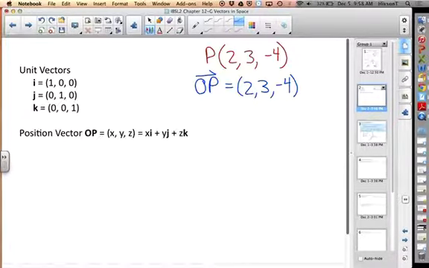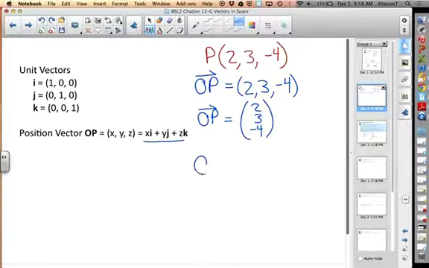Now, this can also be written, remember our differences in notation, you might also see this written like this. 2, 3, -4. It's the same vector, just different notation. Then, you see here, we also have the unit vector form.